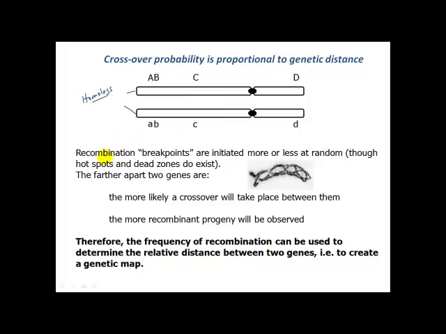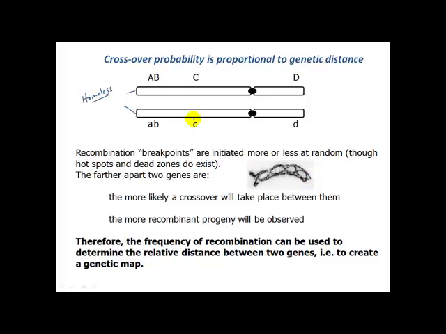And we know that during prophase 1, we're going to have recombination between those homologs, with breakpoints or recombination events occurring more or less at random along that chromosome. All right, so we talked about this before, that we're going to have multiple points of crossover, these chiasmata that we observe, where genetic exchange between non-sister chromatids is happening.